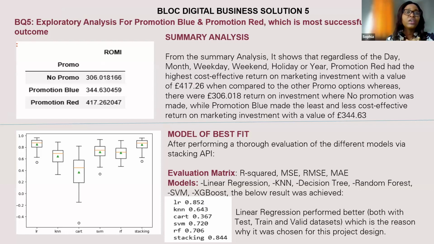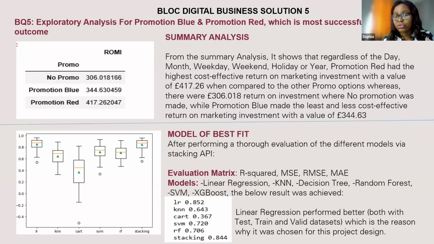Then we can go ahead to do some further exploratory data analysis for promotion blue and red, to ascertain which is most successful and what was learned at the end of the day. So doing an exploratory analysis, EDA, on this data set, I was able to ascertain that during no promotion day, we obtained 306.